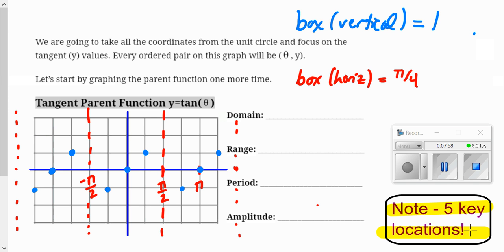It's having no point, okay? It's a lack of points. It's a lack of definition. So we have 2 asymptotes plus 3 points, okay? That's still 5 things, so it's still kind of the same, but kind of different, okay? So asymptote, dot, dot, dot, asymptote. That is your cycle, okay?